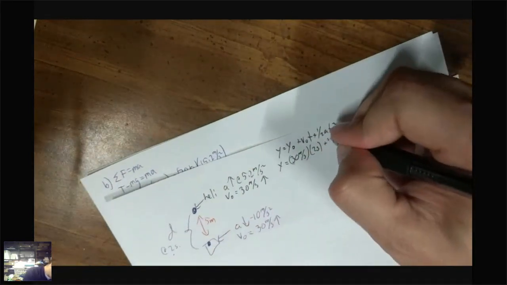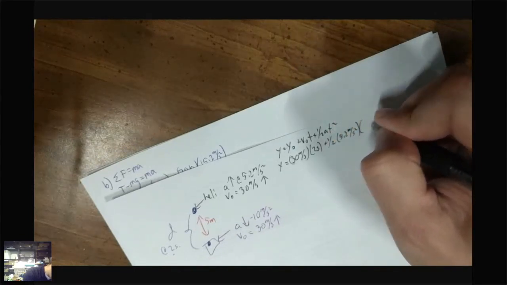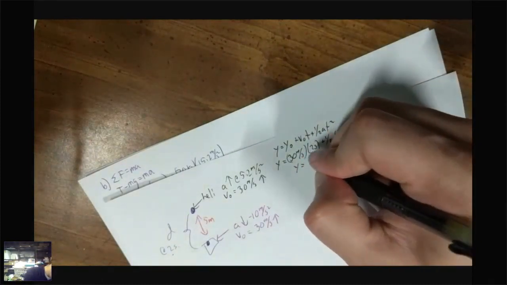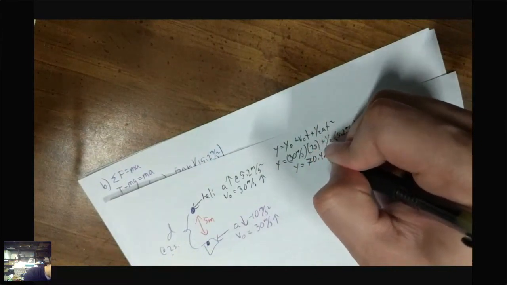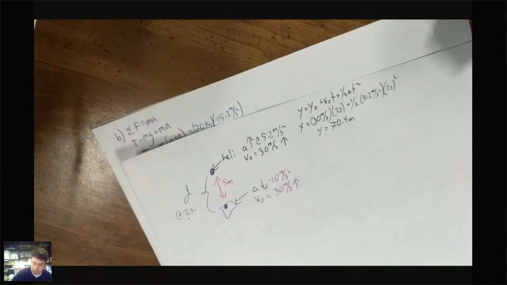And its acceleration is a positive 5.2 times 2 seconds squared. So for our helicopter, punching all that in, it has gone up 70.4 meters. So far, so good there for the helicopter.